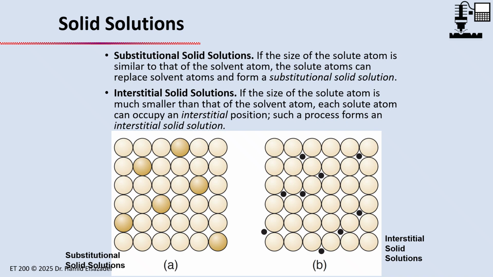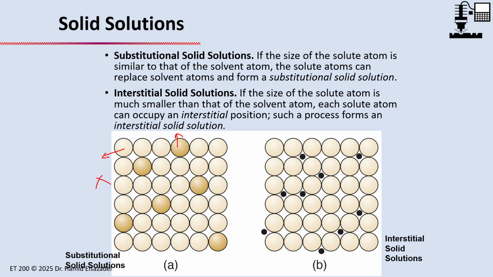We have two types of solid solutions. One is called the substitutional solid solution. This one is where we have both atoms in the same size, and this is solvent atoms, and this is solute.